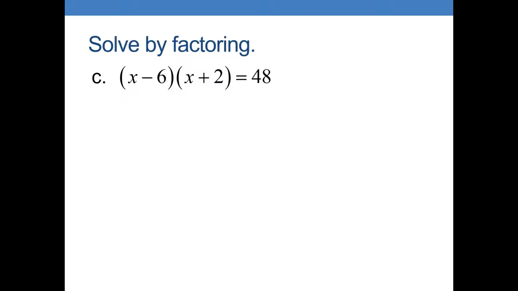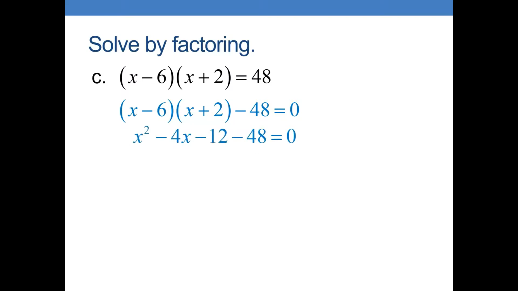Be careful here. In order to solve by factoring, the equation must be equal to 0 and only 0. That means we're going to have to multiply the binomials together using the distributive property so that we can incorporate the 48.